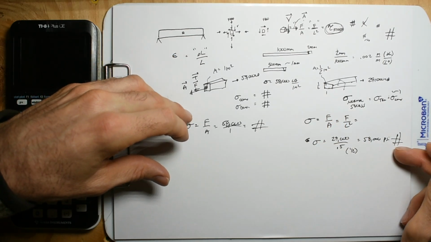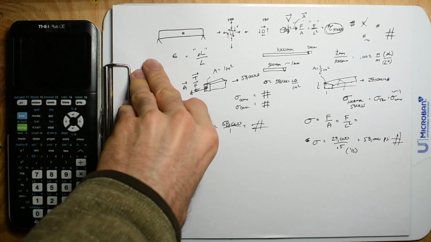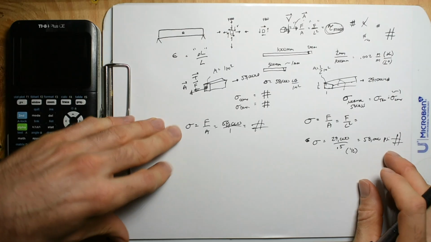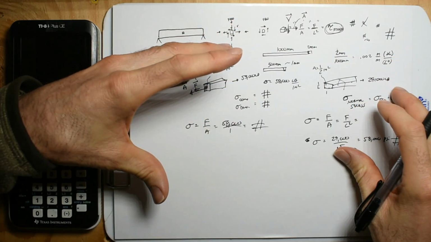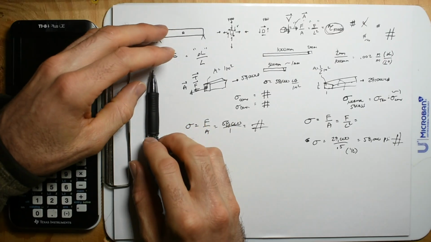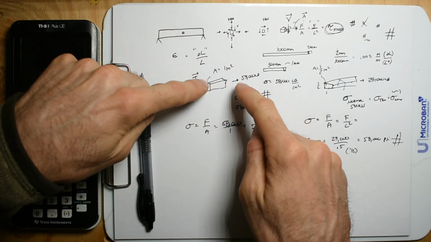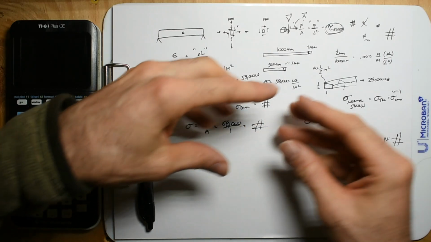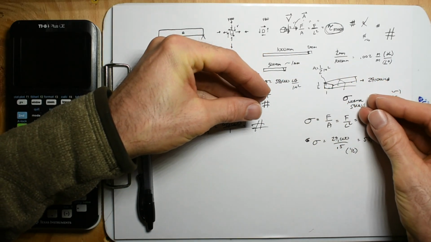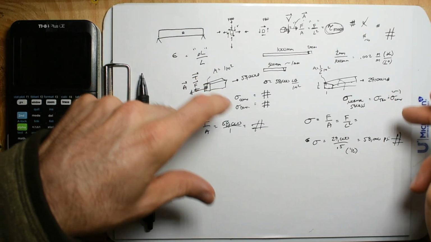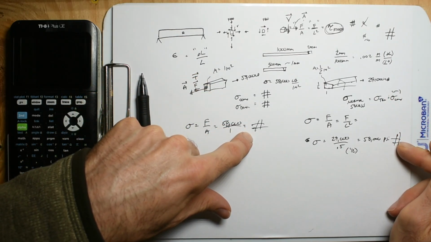And that is very similar to this concept. This is how we can compare apples and oranges. If I have this chunk of material, I can put a load on it until I get a pressure of this max pressure. Even if I have some really thin wire, I can only put a load on it until I get this same number. So in all cases, this number is going to be the same.